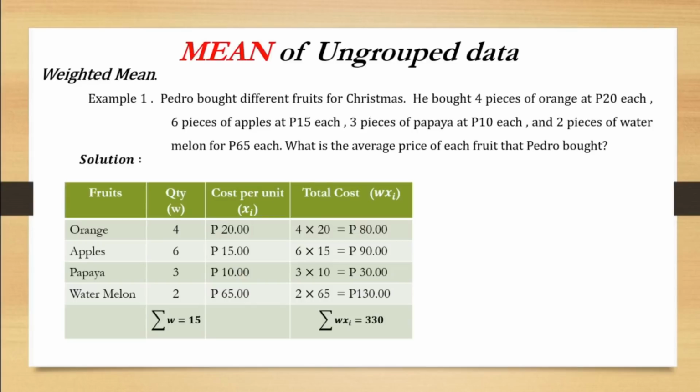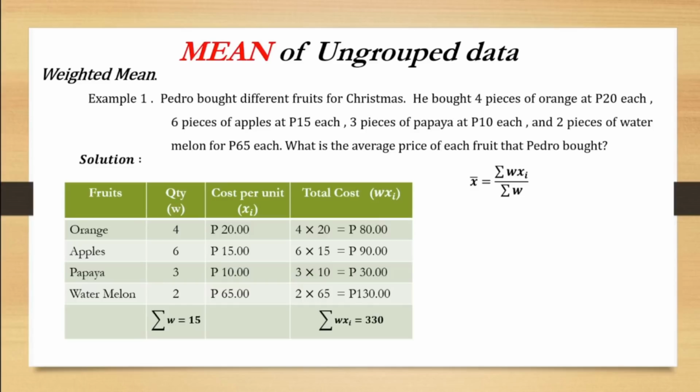In the fourth column, we have to sum up all the total cost, which is equal to 330, and we are going to sum up all the weight or the quantity of the fruits, which is 15. So we are going to compute our mean using the formula.